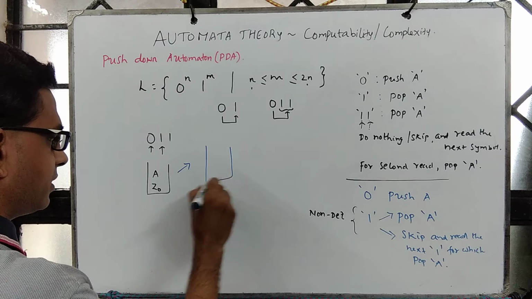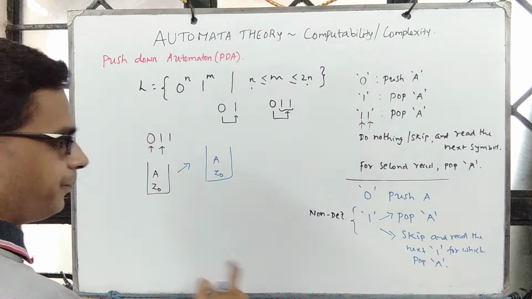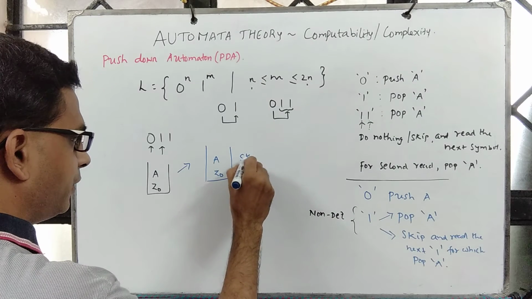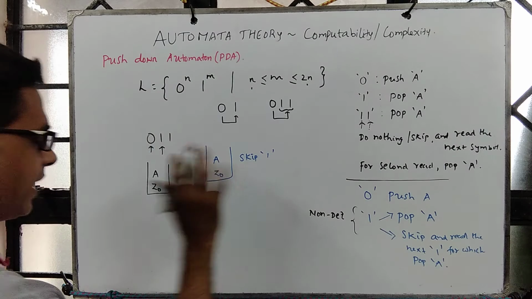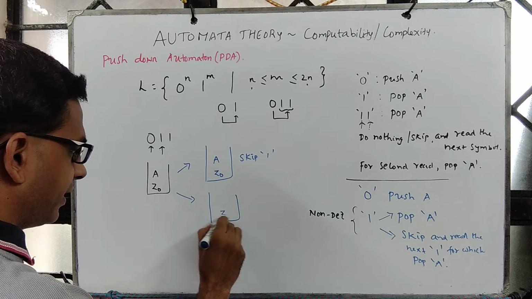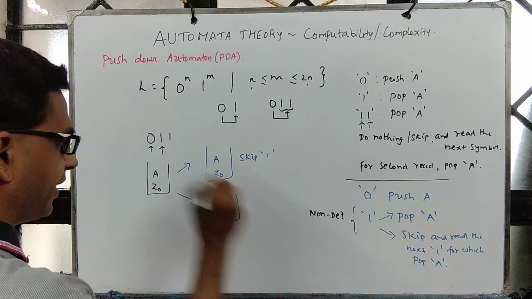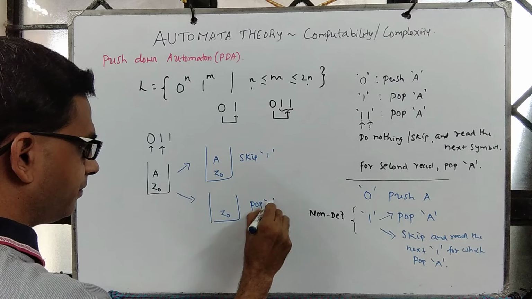One says Z0 A, where you skip 1, which means you don't disturb the stack at all. Another one says Z0, pop A, which means the A is popped out.